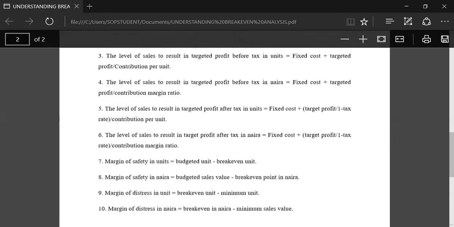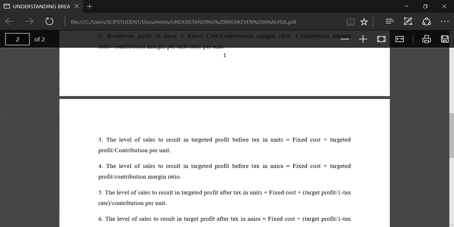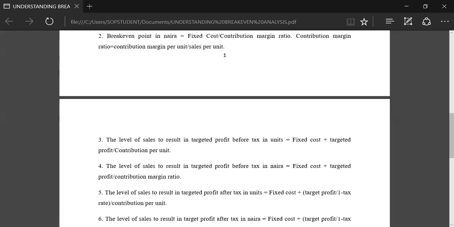Now, the application of these formulas will help any business determine the level of sales required to break even, level of sales to make a targeted profit, both in unit and in naira, targeted profit before tax, targeted profit after tax.